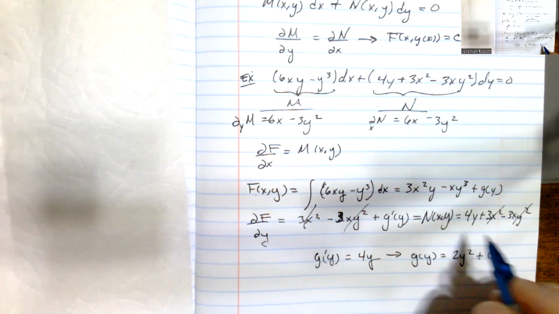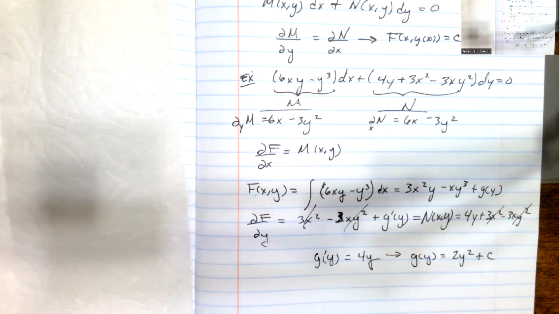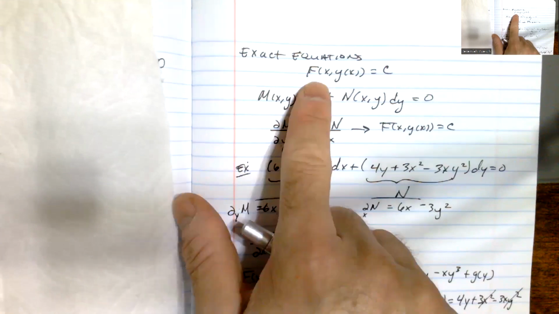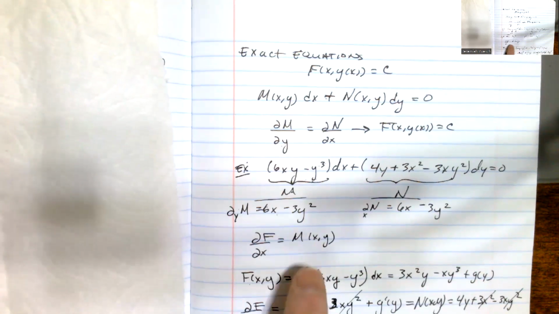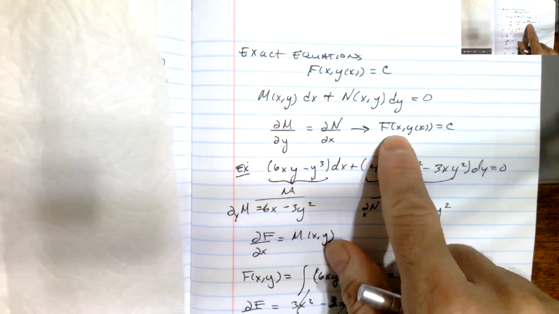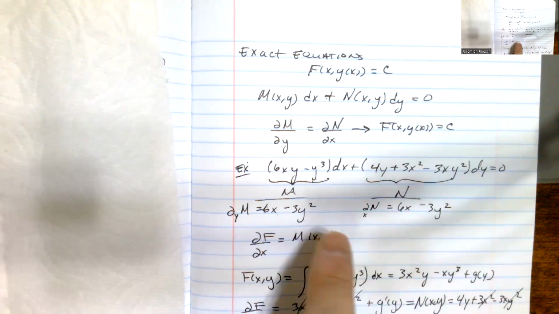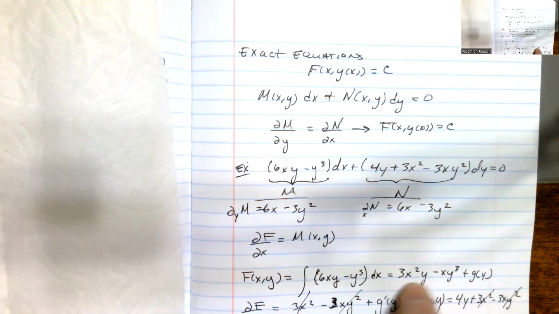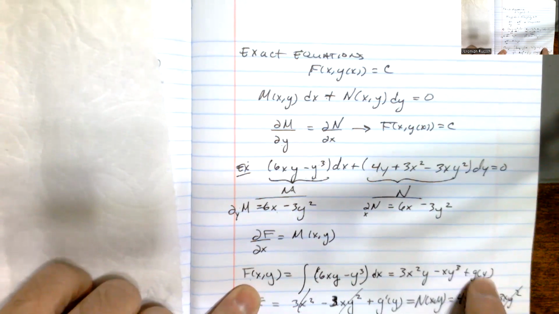And so we can rewrite F, going back up here to our original F. We know that F is a solution and it's equal to some constant, and we have F here, but we also know now what g of y is.